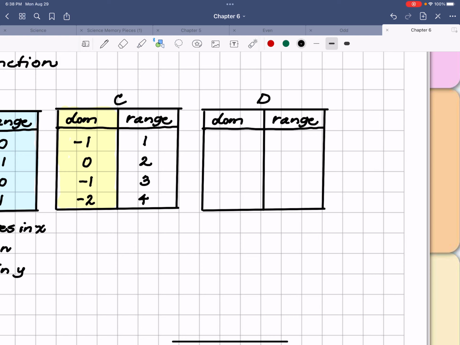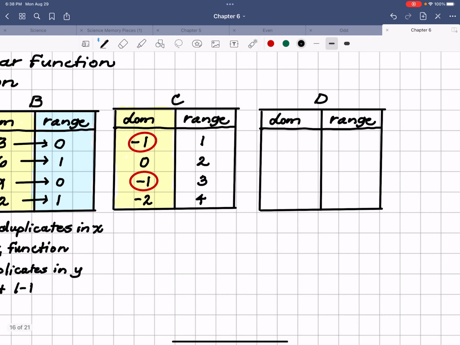It's right here. We have duplicates in the x column. And if you have that situation, what does that mean? It means it's not a function. And if it's not a function, it certainly can't be one-to-one.